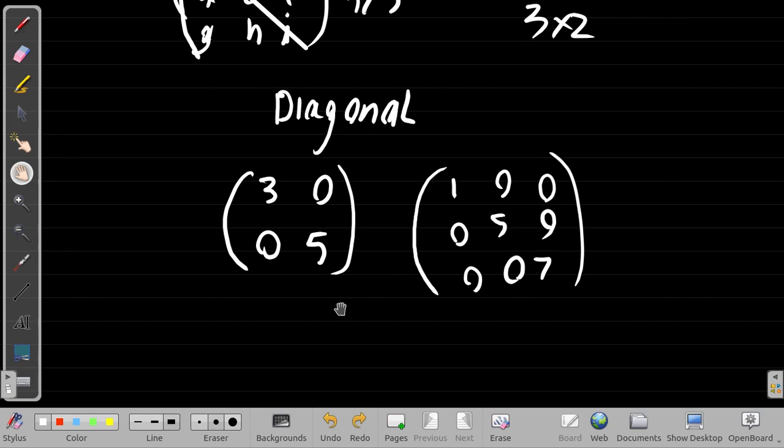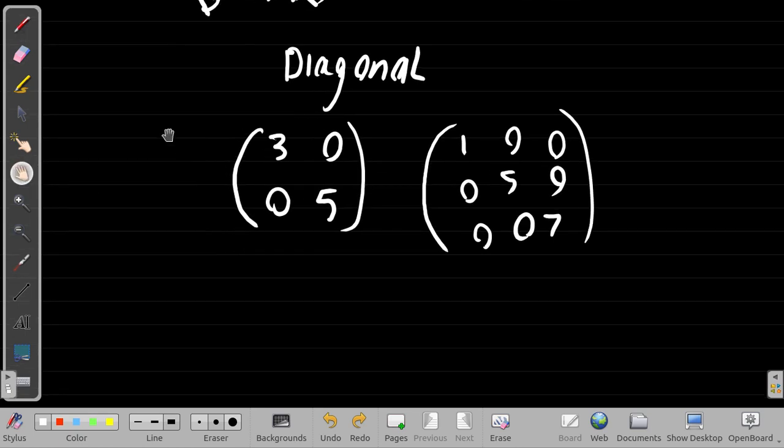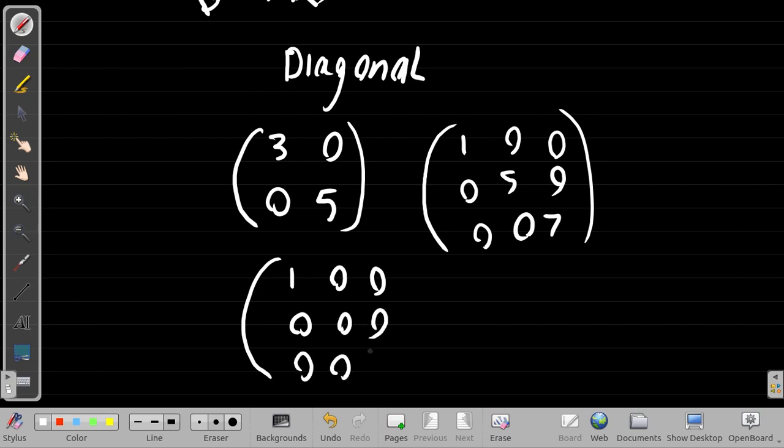Alright. Now, you might have a case where you say 1, 0, 0, 0, 0, 0, 0, 0, 3. Diagonal. Even though you have a 0 here on the diagonal, that's still a diagonal matrix.